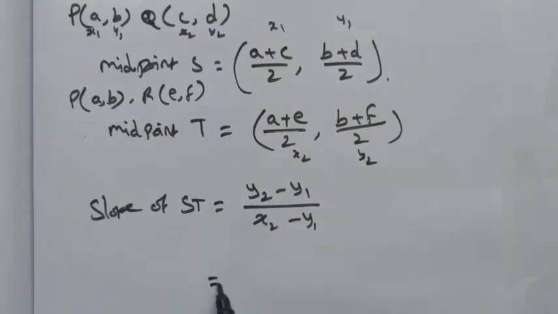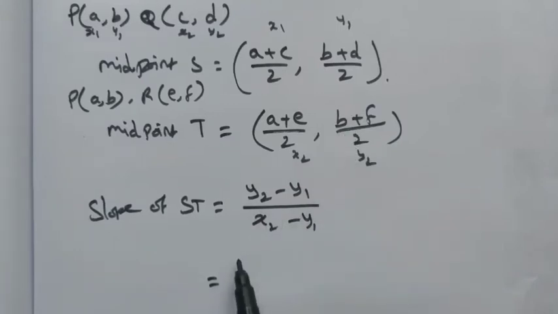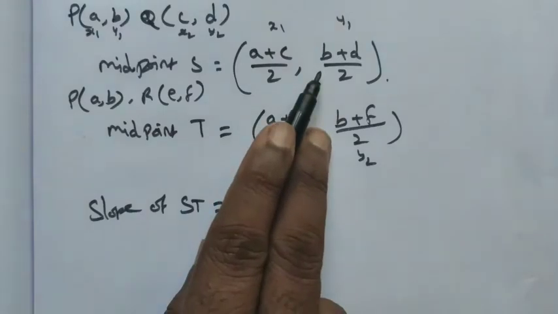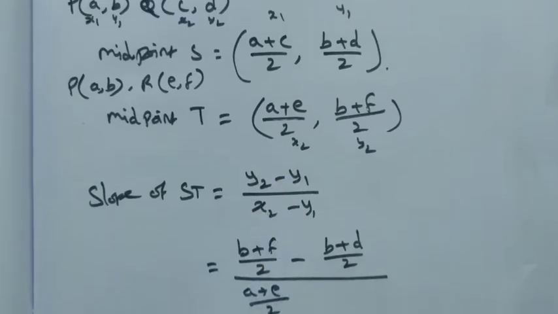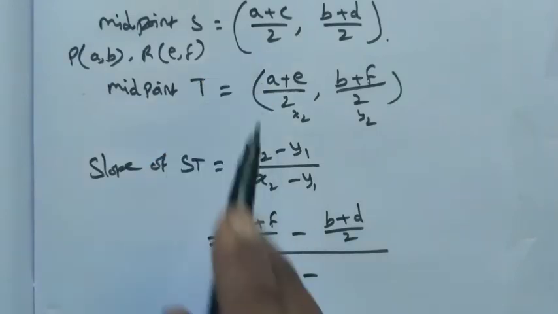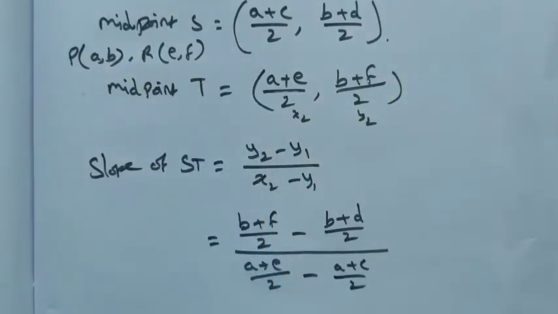Now I apply it: y2 is (b plus f) divided by 2 minus y1 which is (b plus d) divided by 2, whole divided by x2 which is (a plus e) divided by 2 minus x1 which is (a plus c) divided by 2.